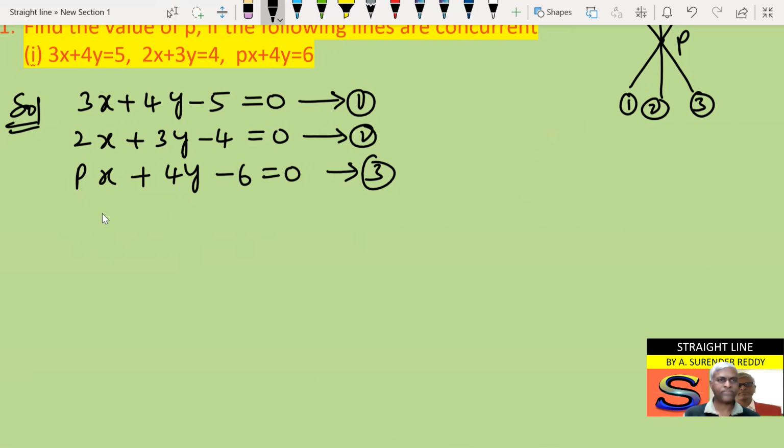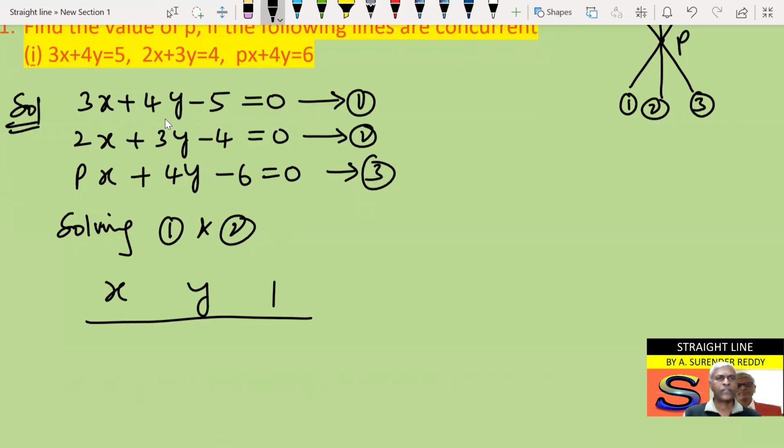Now solving 1 and 2. Solving first and second using the same method. x, y, 1, then 4, minus 5, 3, 4, minus 5, 3 and 4. 3, minus 4, 2, 3, minus 4, 2 and 3.